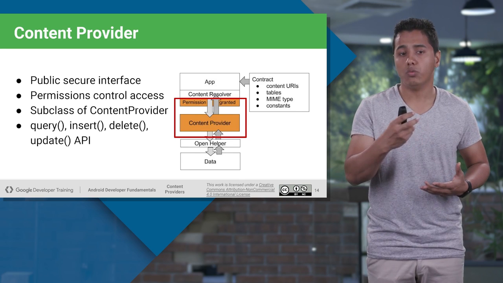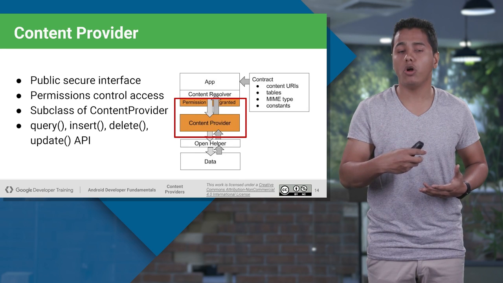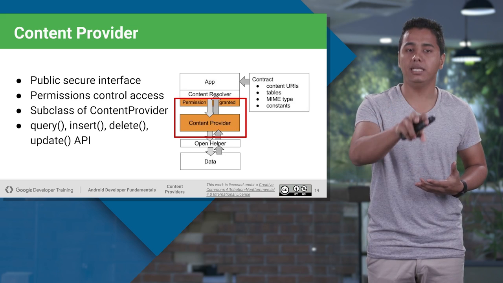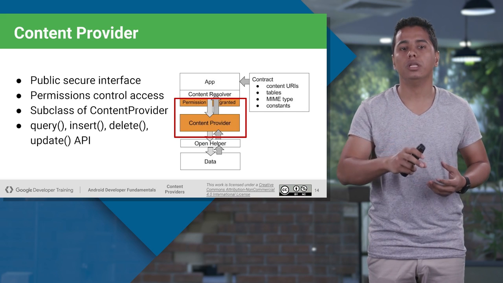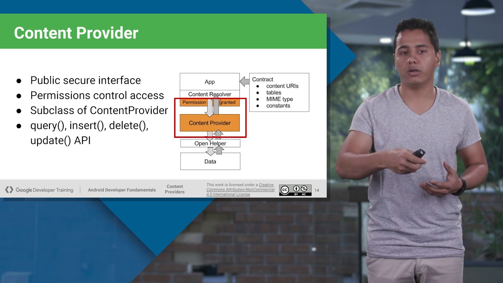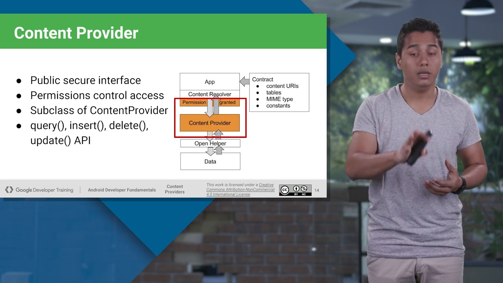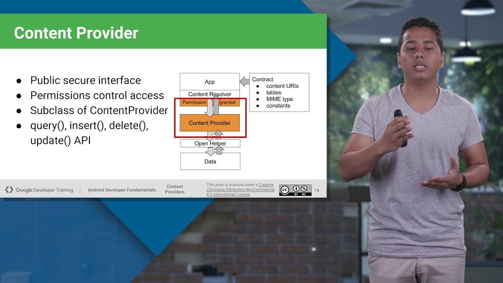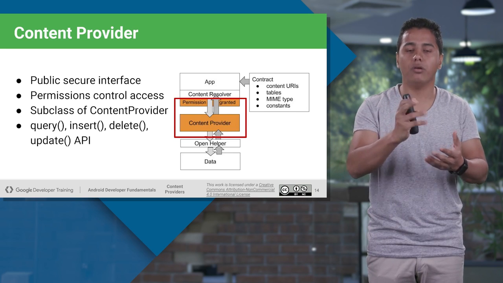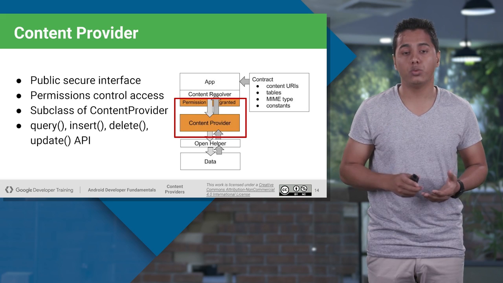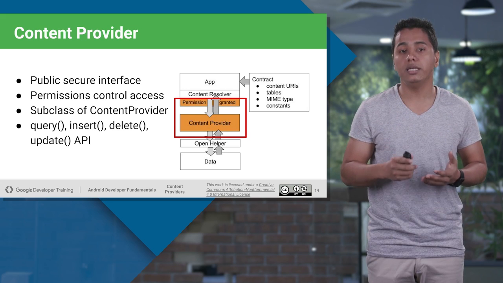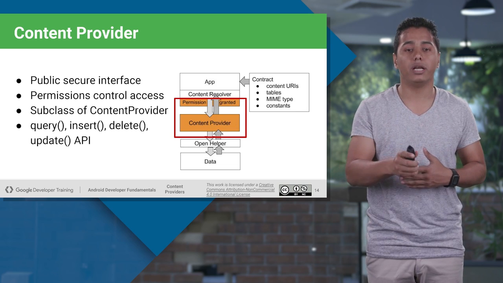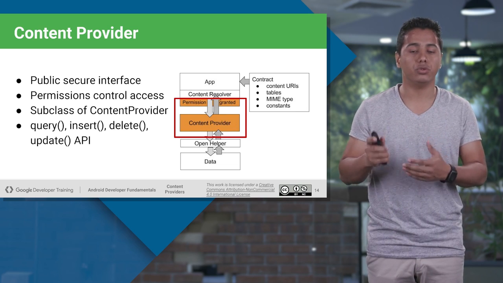If somebody wants to insert data, they will call the insert method of the content provider. Inside that insert method, you will access the SQLiteOpenHelper class and insert the data there. But the other application or user only knows that they are accessing the insert method of the content provider. In this way, it maintains data integrity, and you are not sharing any SQLite or database details with the other application.